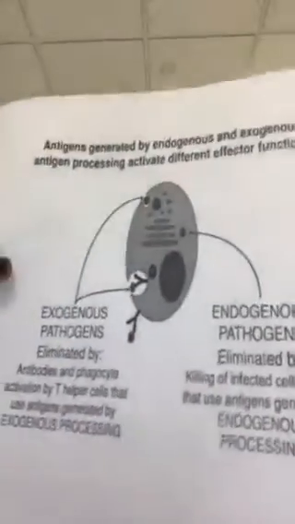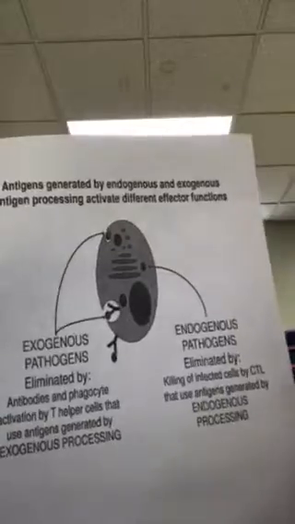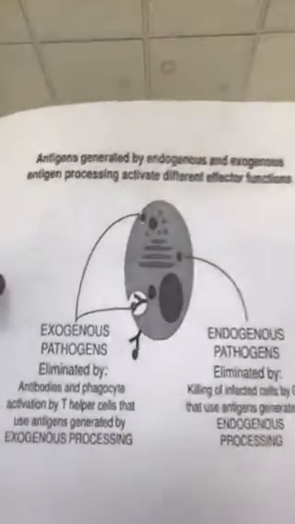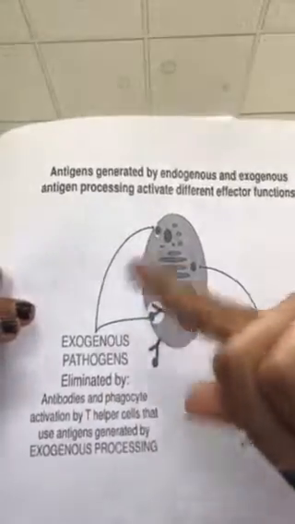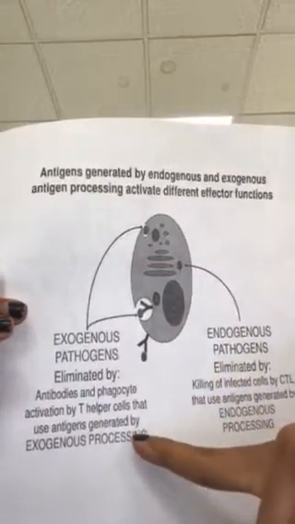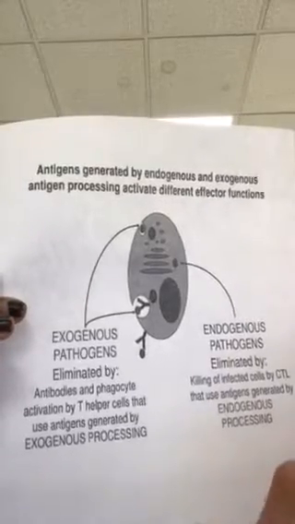Here, I have a picture. This is the difference between the exogenous and endogenous. As we can see, the exogenous pathogens are here, coming from the outside. The antibodies and phagocyte activation by T helper cells is occurring here.